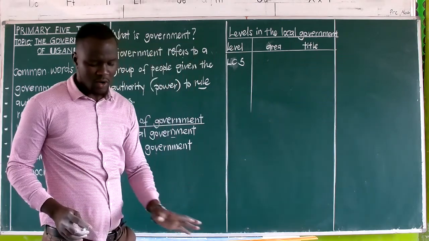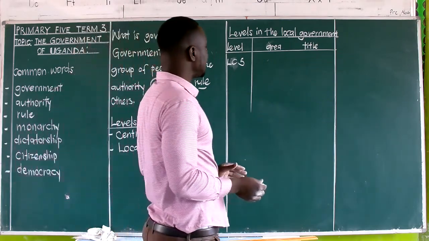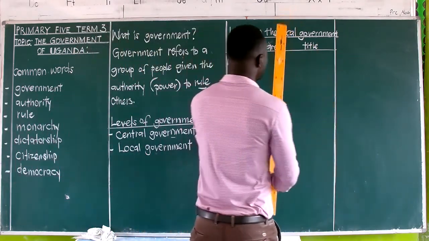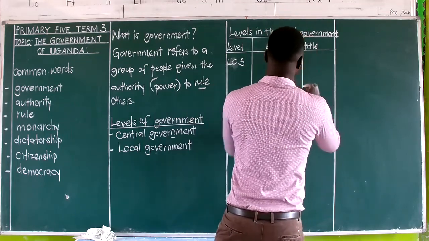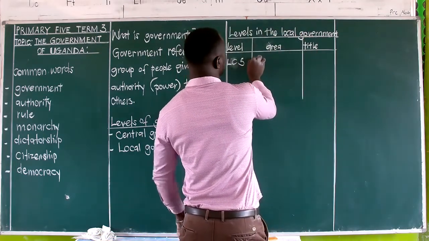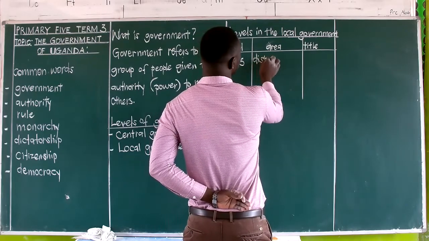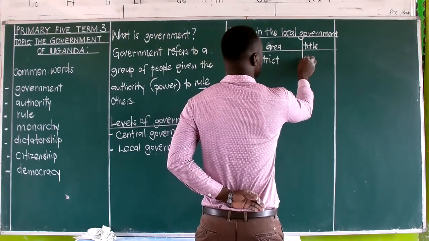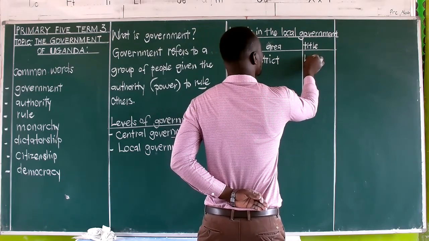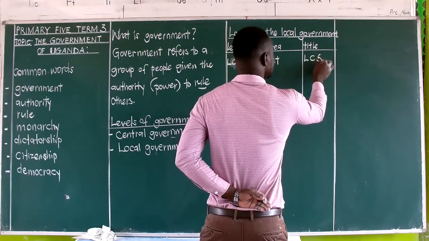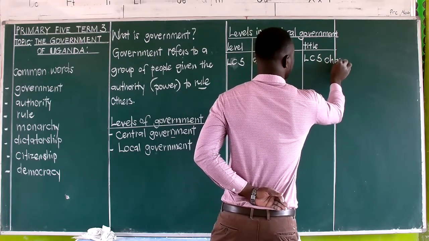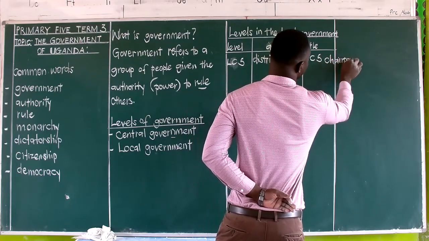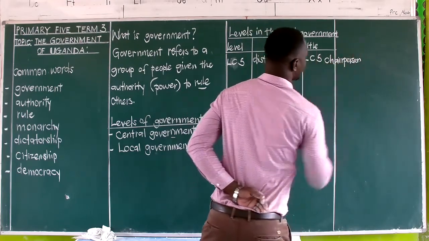This local council 5 is managing the whole district. That is the level of the district, and it is under the local council 5 chairperson.